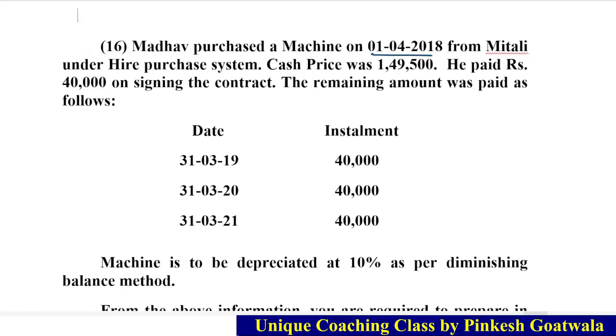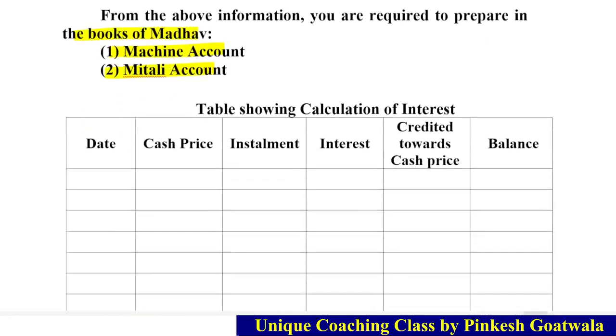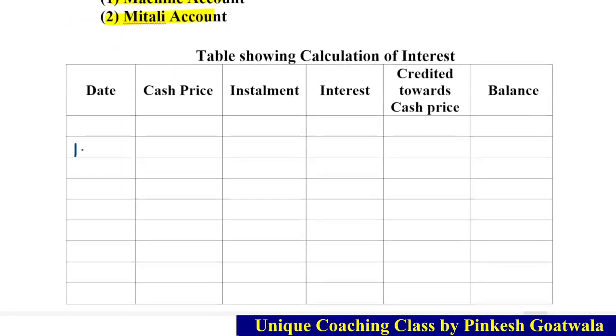It was purchased on 1st April 18, there are 3 installments, and the cash price is 1,49,500. So let's start our table. 1st April 18 purchase. Then 31st March 19, 1,49,500.